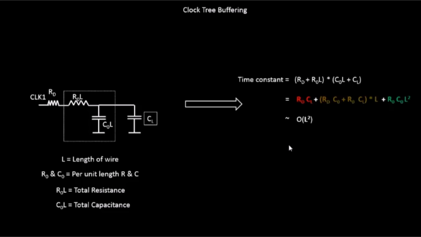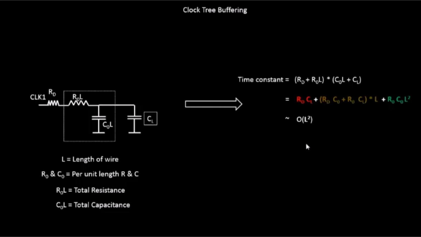The larger the value of L, the more time will be required to charge the load capacitance, as a function of the square of the length of the wire.